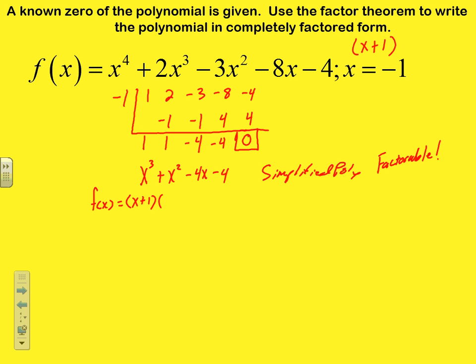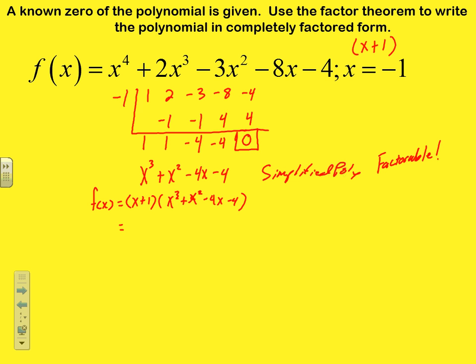And at this time, we have the simplified polynomial to be x cubed plus x squared minus 4x minus 4. Now at this point, if we were trying to write it in standard form from what we've done in previous lessons, we would multiply the x plus 1 into the polynomial on the right and wind up back where we started, but that's not what we want to try and do.